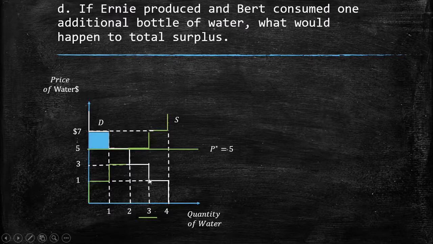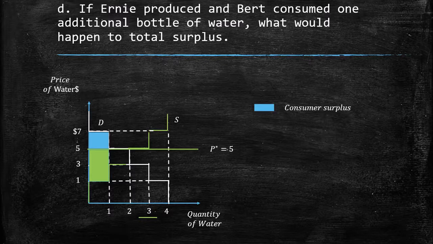So in this case, it's impossible that the consumer will buy 1 more and at the same time the producer will produce 3, because the producer will produce 3, but the producer surplus is going to be under 3. Why? Because he will just sell 1, which is going to be sold at the price of 5.